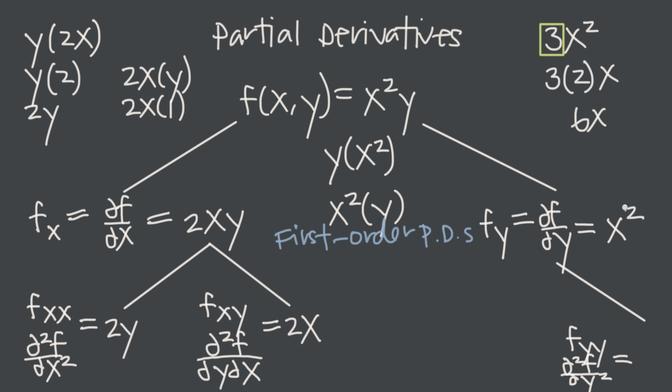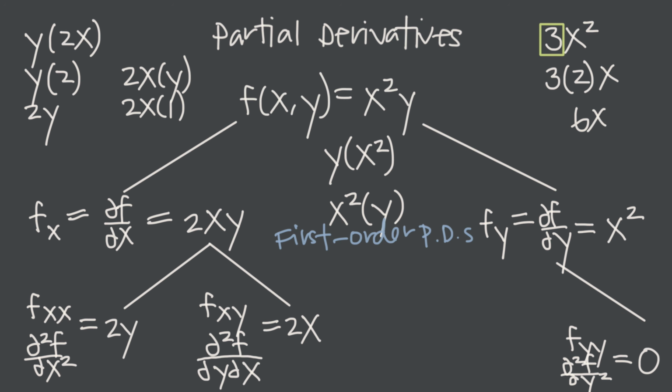And another way to remember that is if you're taking the partial derivative of something and the variable that you're differentiating does not show up in the function, then the whole function is a constant and the derivative will of course be 0. So because we're differentiating this with respect to y, and there's no y present, then the derivative will be 0. So we can say here that the derivative is 0.